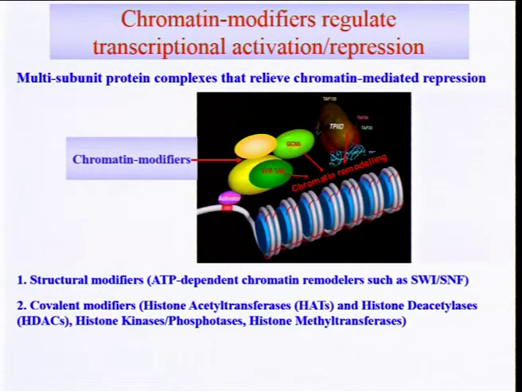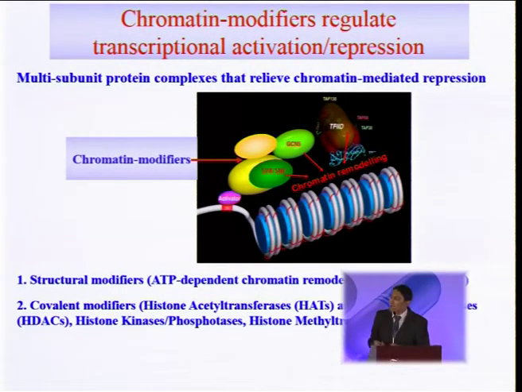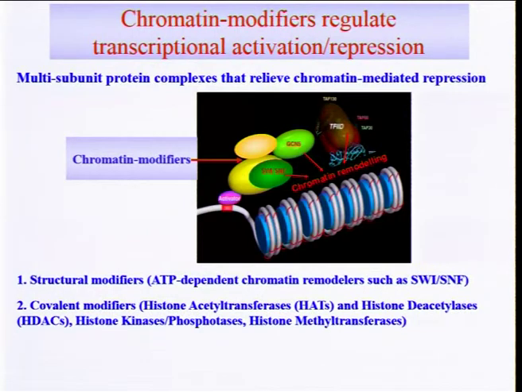Now, there are two classes of chromatin modifiers. One is a structural modifier that uses the energy of ATP hydrolysis to exert their effects to remove the histones out of the way. And secondly are covalent modifiers that covalently modify the histone tails, and by doing so will lead to transcription activation or repression.